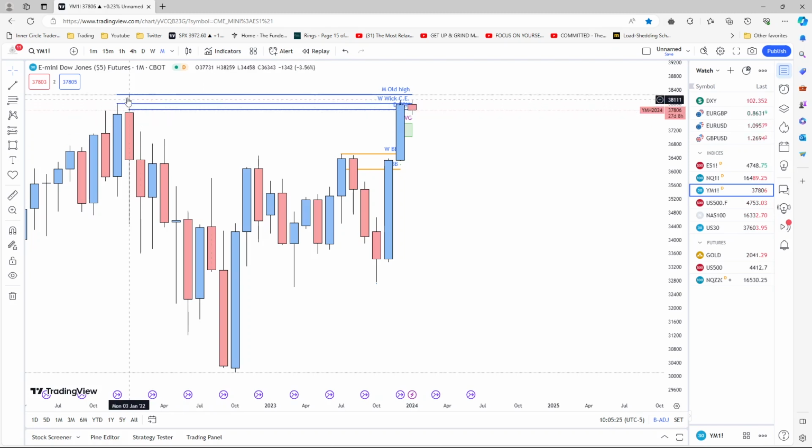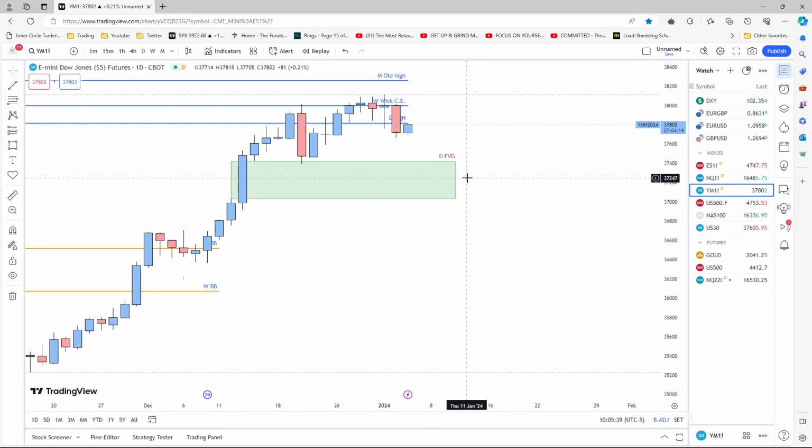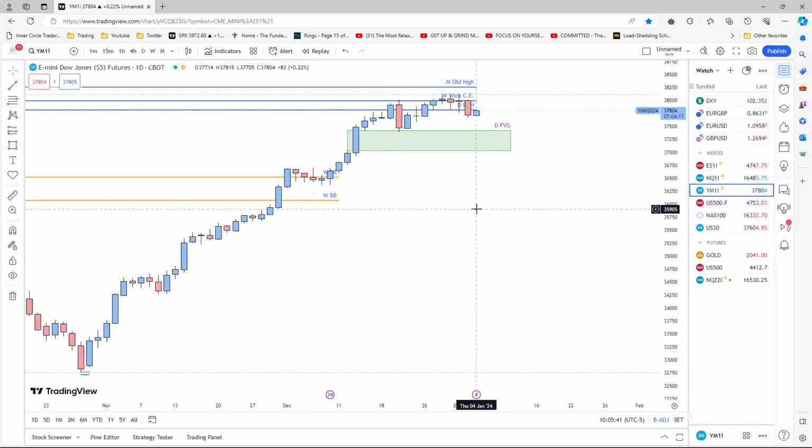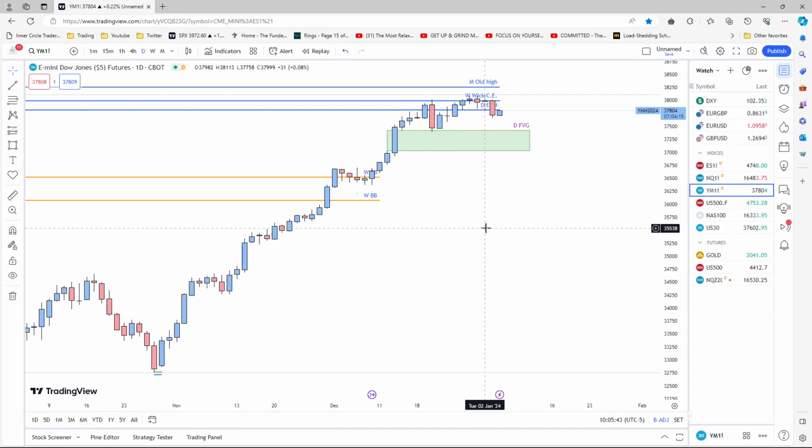But in a sense, you could go get the consequent encroachment of this monthly wick. And it's going to be around more or less the same idea as what I have over here. It's not going to be wildly variable from that idea.